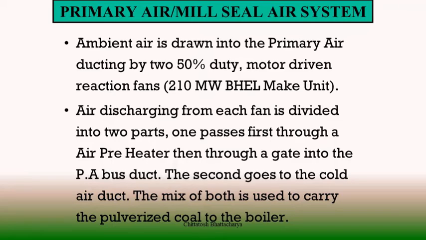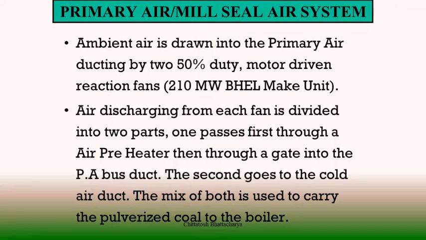One part is passing through the air preheater, the primary air heating component, and another part is bypassing the air preheater, creating a cold primary air duct, and the hot primary air and cold primary air are mixed together before it is sent to each pulverizer. By this way we actually control and regulate the primary air temperature getting inside the pulverizer.